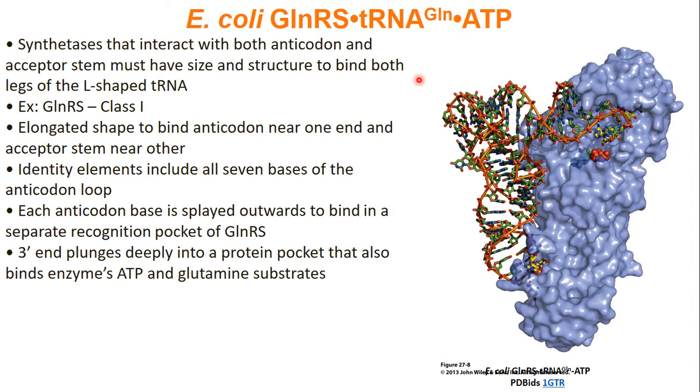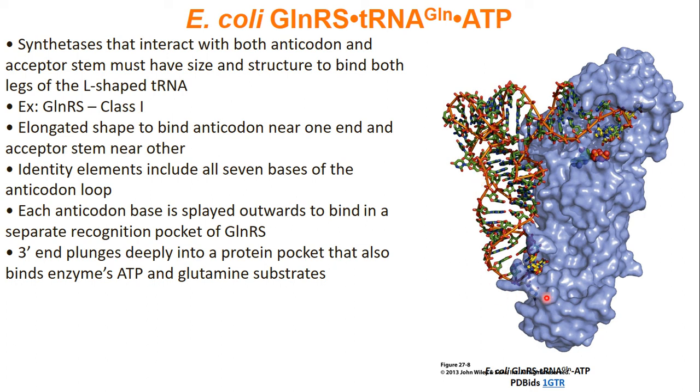So we're going to look at an example of class 1 and class 2 AARSs that have been studied so we can get a better idea of generally how they work. What we're looking at here is the class 1 GlnRS, and class 1s interact with the anticodon.